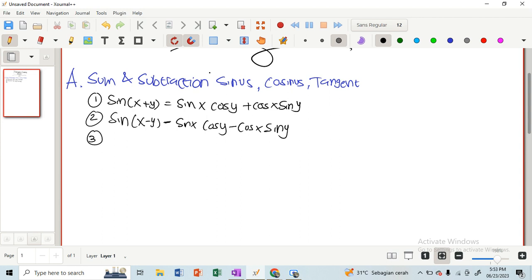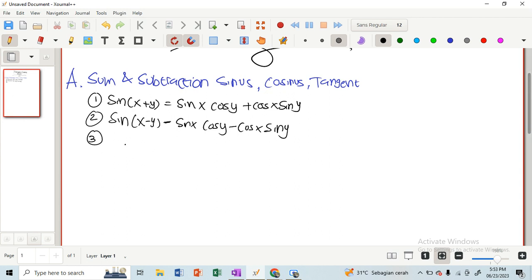Maybe we will go through that later, but this is just information on how to get the double sine formula. We will discuss it later.